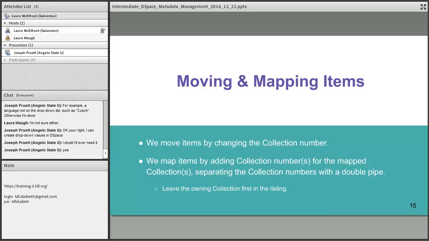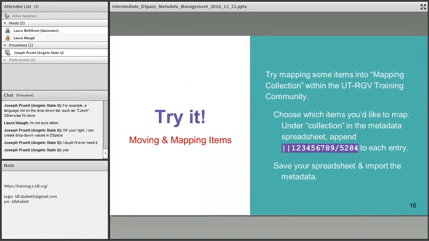To map items, once again, you have multiple collection numbers in the column that says collection. You leave the owning collection first in the listing and have the mapped collection not first, or collections, because you can map to multiple places, and separate them once again with a double pipe. So I created a mapping collection to practice mapping things into.